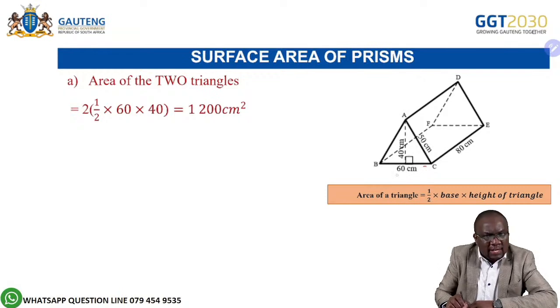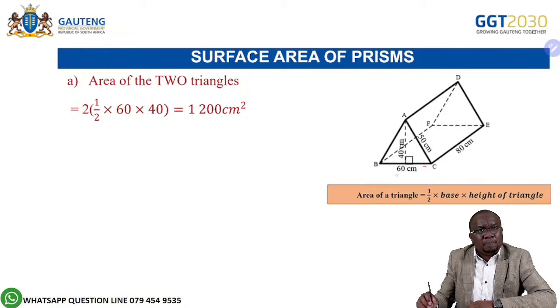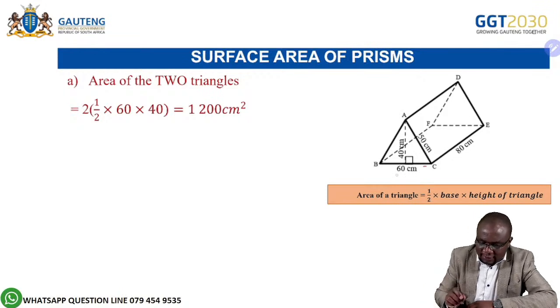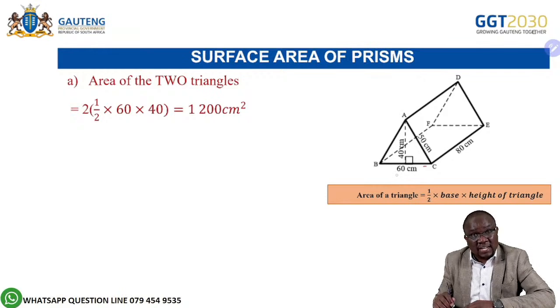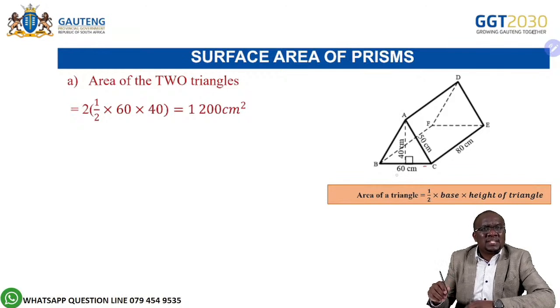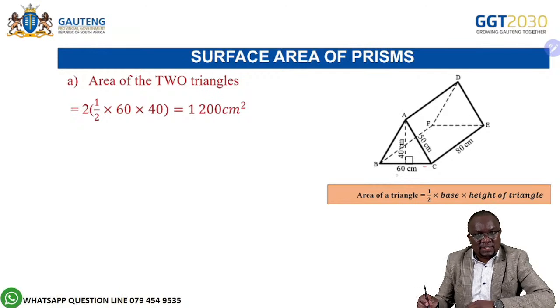And then for our height, remember, we use the perpendicular height, not the slant height. So our height there is 40, that's the perpendicular height. It must be perpendicular to the base. And then we're getting 1,200 for the 2 triangles. So if you calculate for one triangle, you get 600, and then you say 600 times 2, or 600 plus 600, you'll get 1,200.